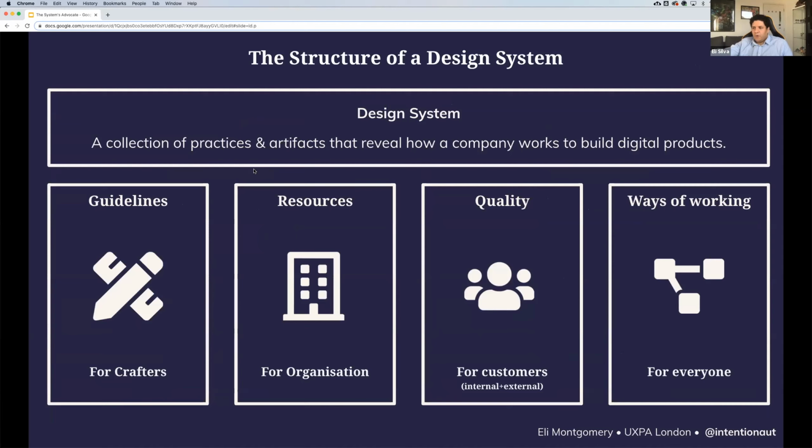And it's got 4 parts: the guidelines for crafters, the resources for the organization, including your development team, the quality that's for customers, both internal and external, either through speed or anything else, those intangible benefits. And then there's the ways of working, which are for everyone.